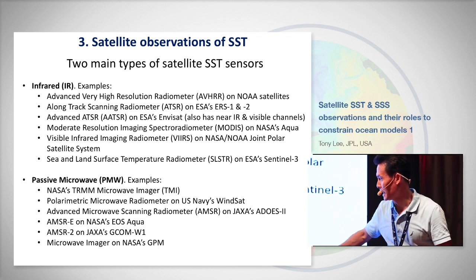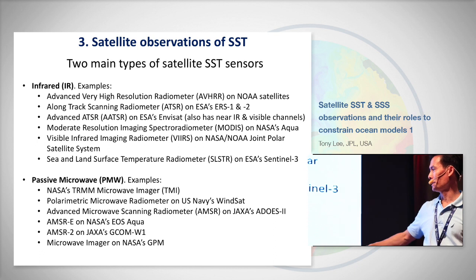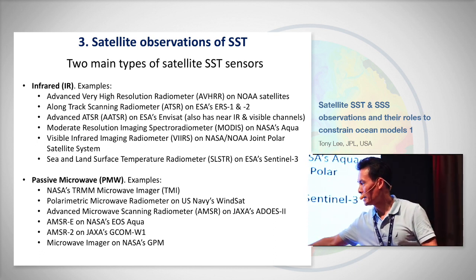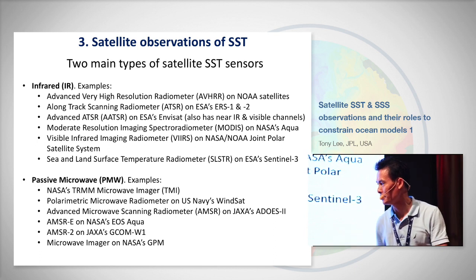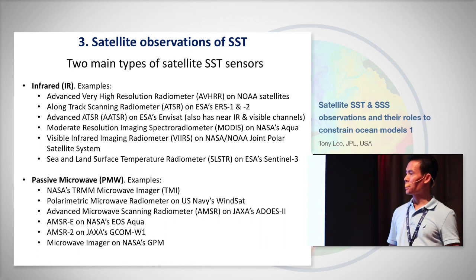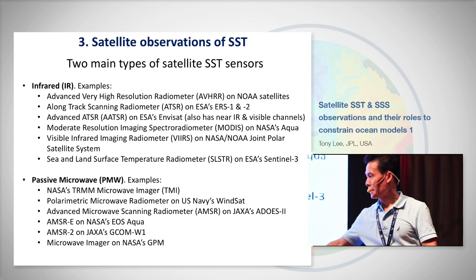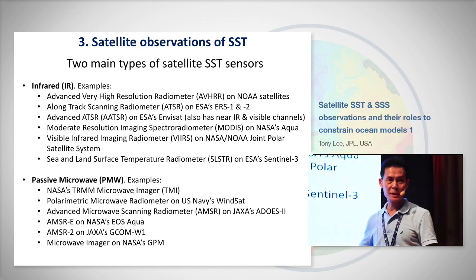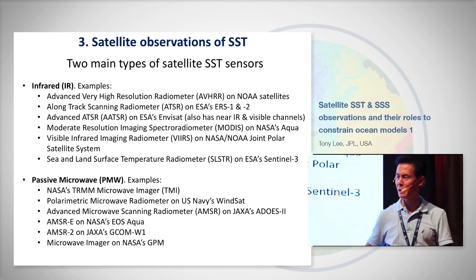After that, there's the AMSR, the Advanced Microwave Scanning Radiometer on JAXA's ADEOS-II, followed by the AMSR-E on NASA's EOS Aqua satellite, and the AMSR2 on JAXA's GCOM-W1. More recently, NASA has another precipitation mission, the Global Precipitation Measurement mission, GPM, which has a microwave imager.